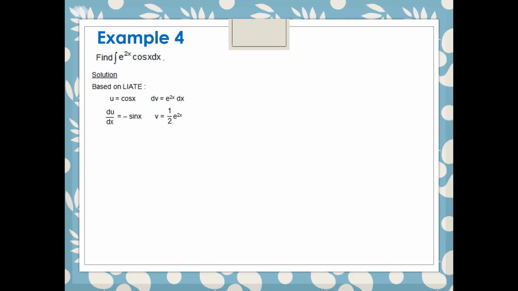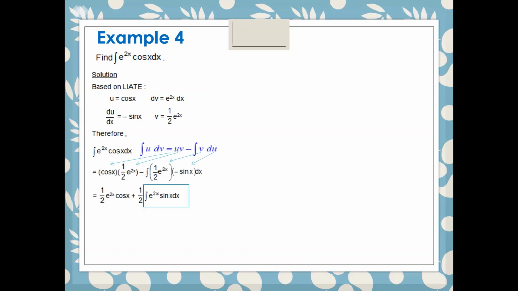Differentiate the u, you will get negative sine x, and integrate v, you will get 1 over 2 e to the x. Substitute accordingly into the formula and simplify. You will obtain the new integral e to the x sine x dx.